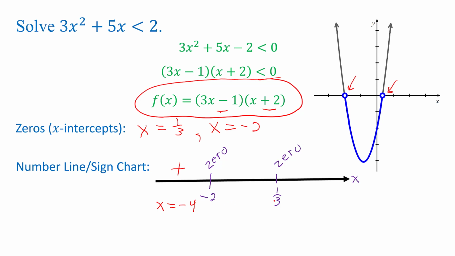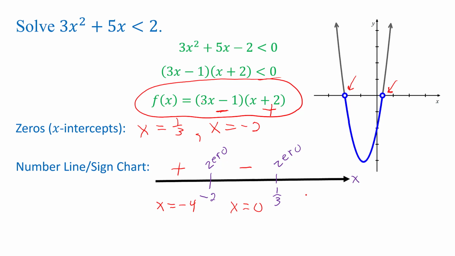Between negative 2 and 1/3, let's test x equals 0. Plugging in 0 for x, 3 times 0 minus 1 would be negative, and 0 plus 2 is positive. A negative number times a positive number is negative. So all y values between x equals negative 2 and x equals 1/3 are negative.